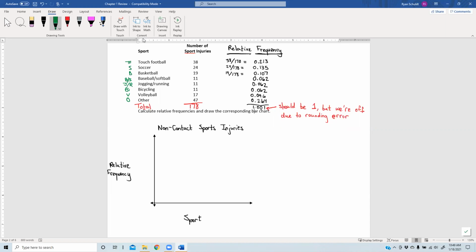Okay, so if I look at my relative frequencies, I see that I'm going to need one to be all the way up at 0.264. So I want to do my scale accordingly. Maybe I want to count by fives.